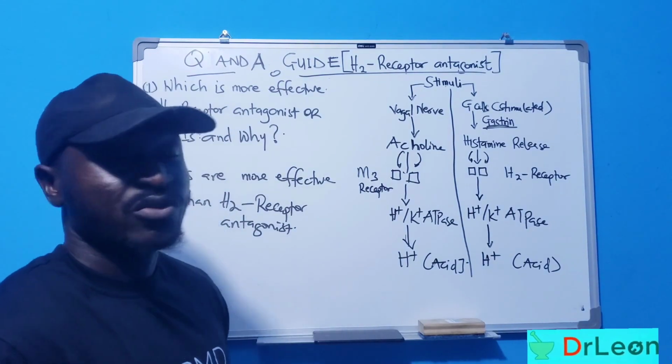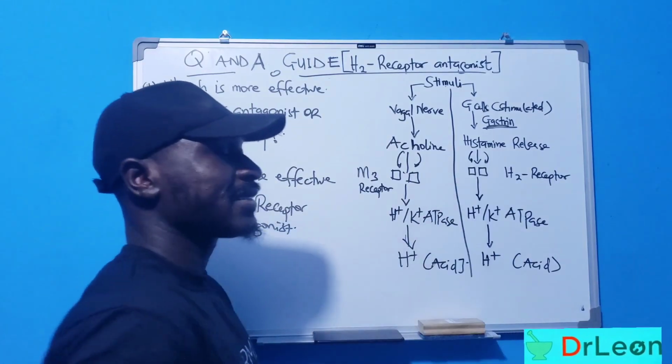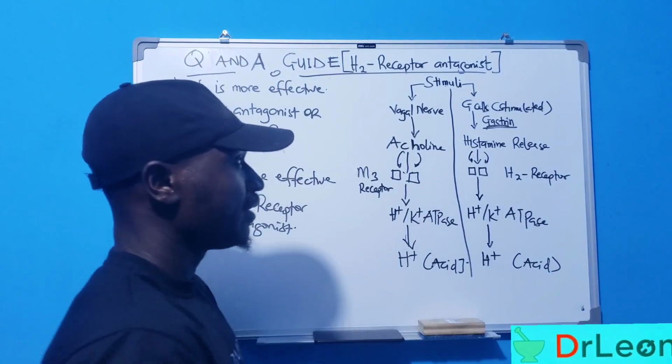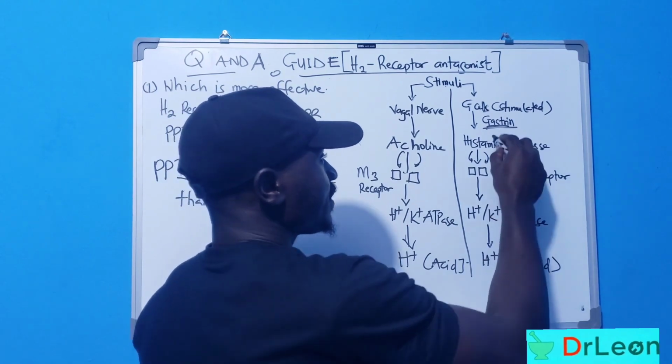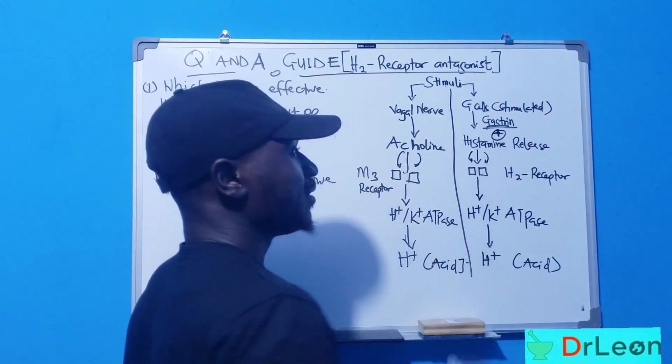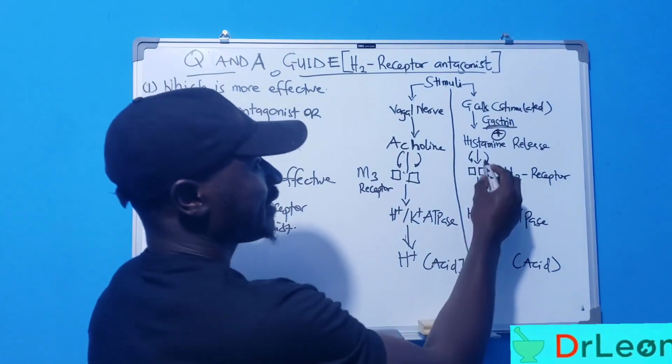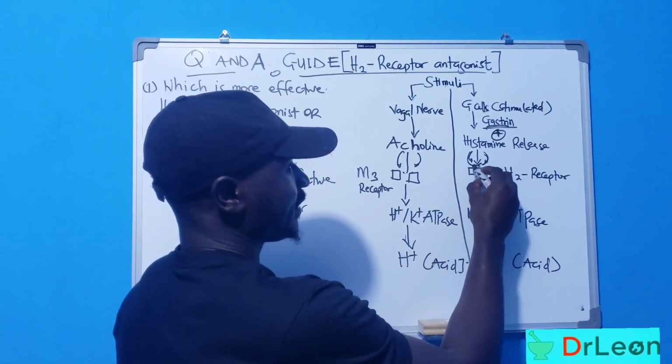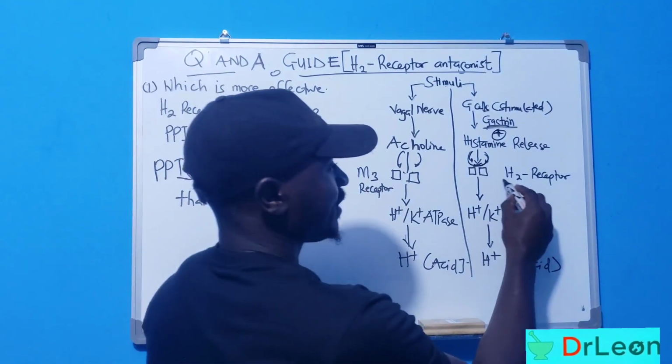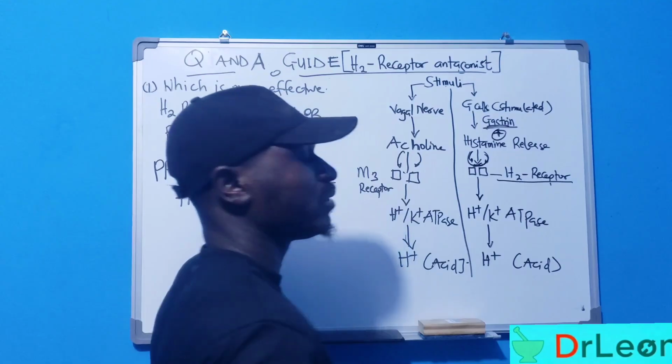When the gastrin is produced, it also stimulates mast cells to release histamine. So the gastrin will stimulate the release of histamine, and then histamine will bind to its receptor. In this case, the receptor is the H2 receptor.